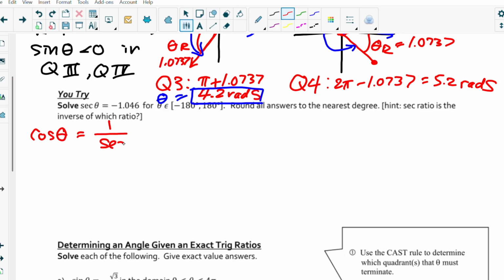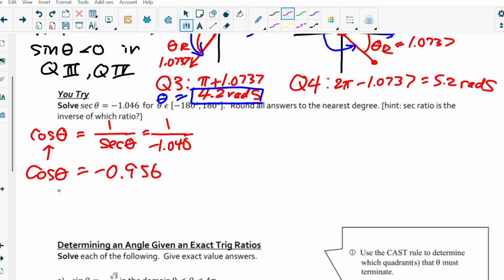Okay, I'm going to think of it this way. That's 1 over negative 1.046. So I'm going to make an equivalent statement with a cosine of theta because I don't have a secant button on my calculator. So cosine of theta equals negative 0.956.